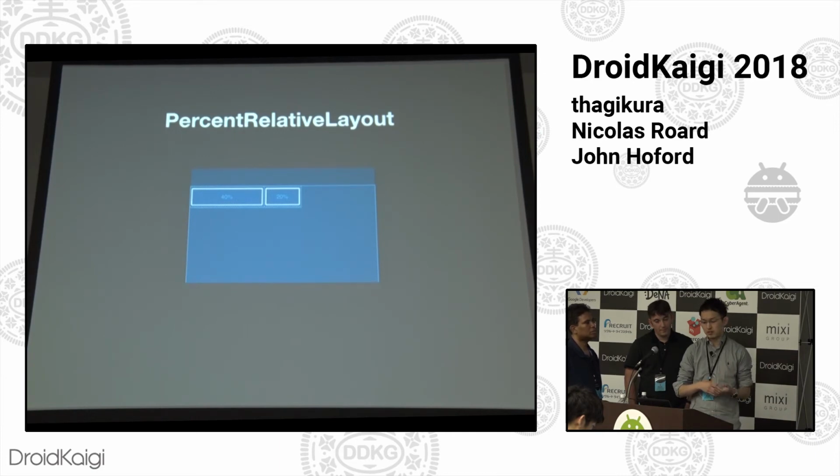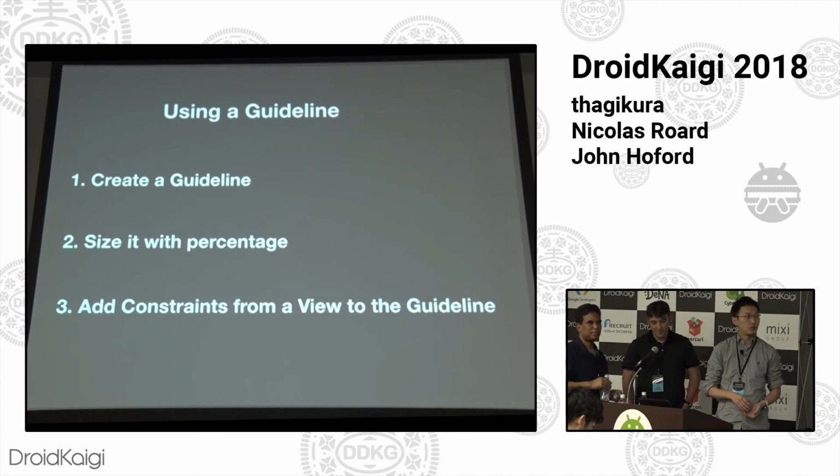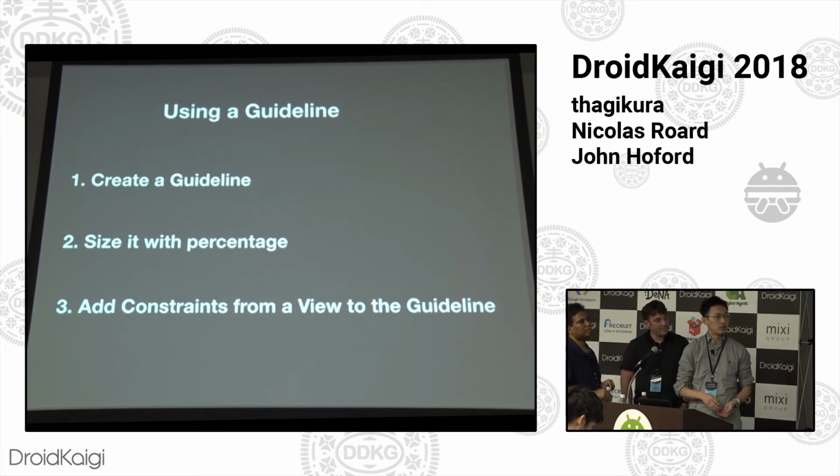Also, the percent relative layout is now deprecated. So anyway, you should use constraint layout. This can be done by using a guideline. First, you create a guideline and size it with percentage and add constraints from a view to the guideline.